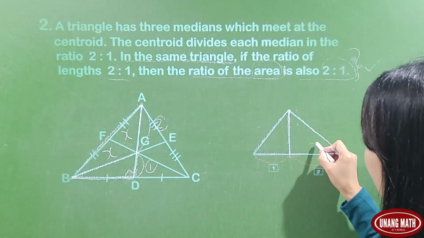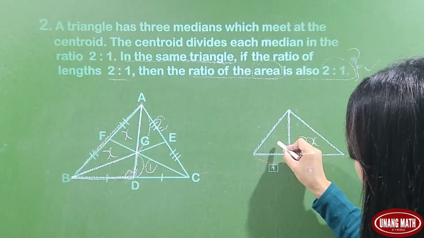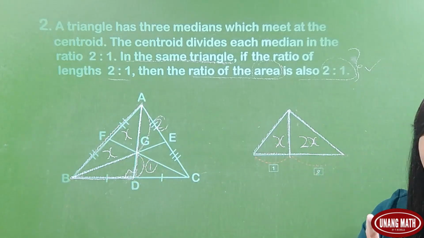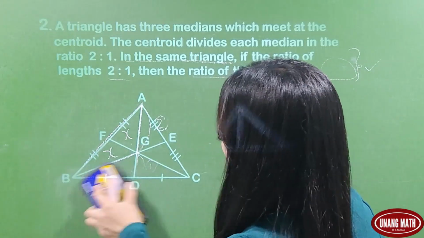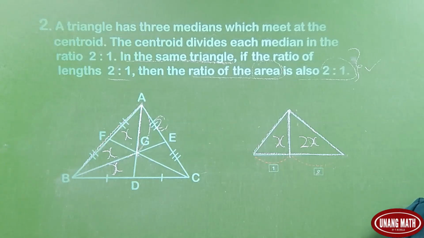So if this area is x plus x or 2x, then it means the area of triangle BDG is x. So we have here triangle BDG area is x.